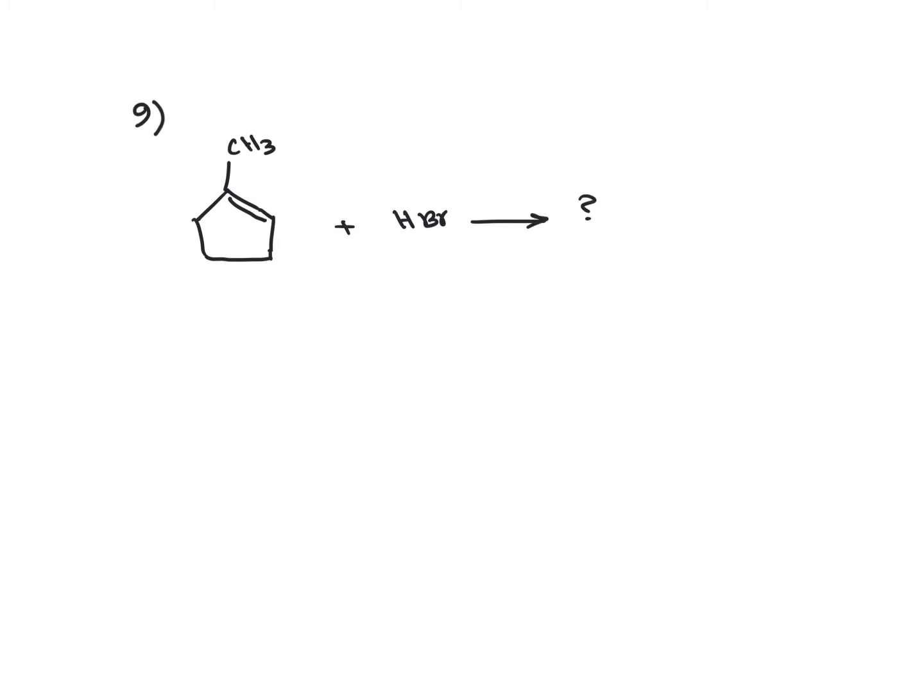Remember that what we do in this type of question, we eliminate the double bond and we add HBr to the two sides of the bond. So here, if I eliminate this, I can add 1 Br here and hydrogen here, or the other way around.